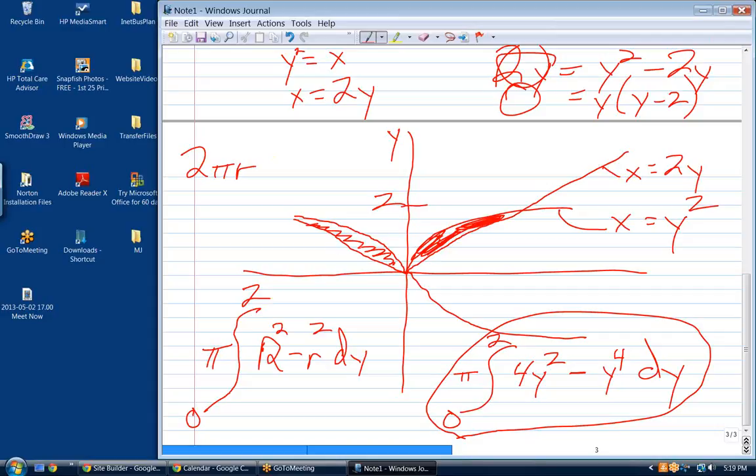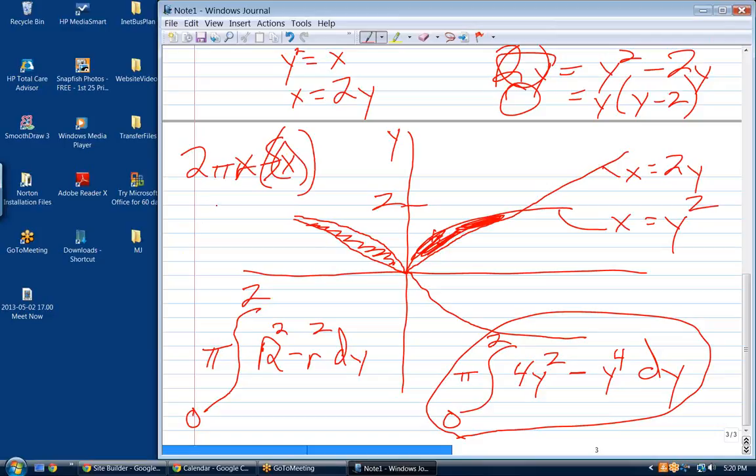The volume of each cylindrical shell is the area of the dollar bill, which is the height, the y measurement, and the radius is x. So it's 2 pi r times x. No, I'm sorry, 2 pi x times the height, which is f of x.